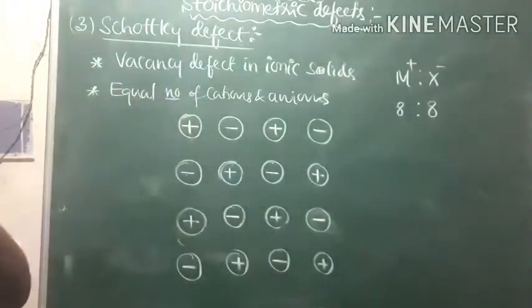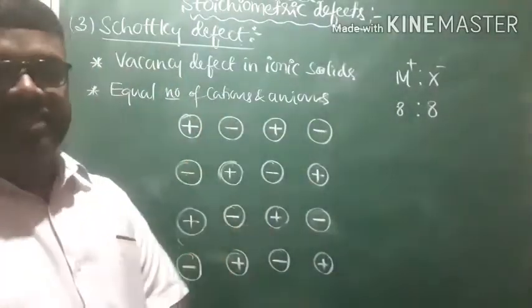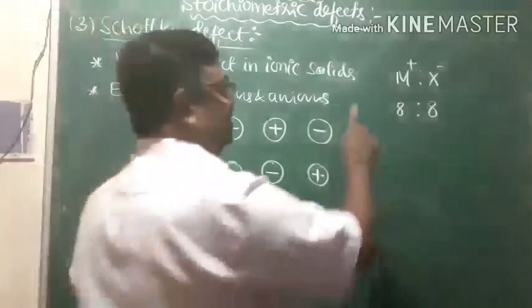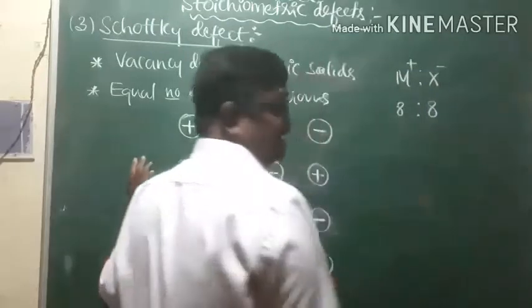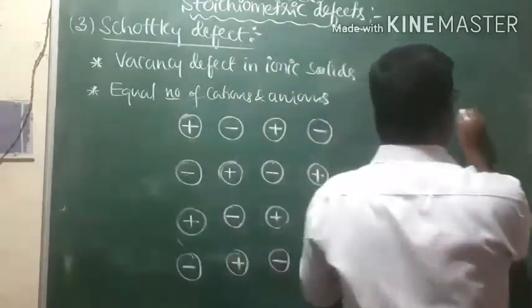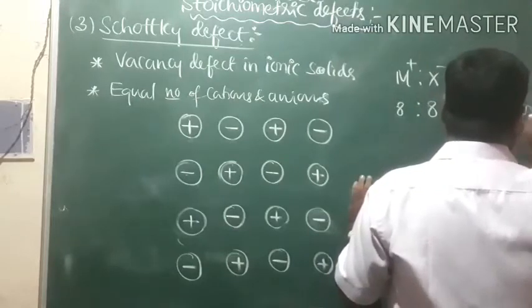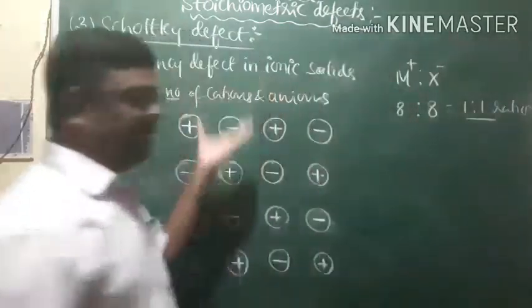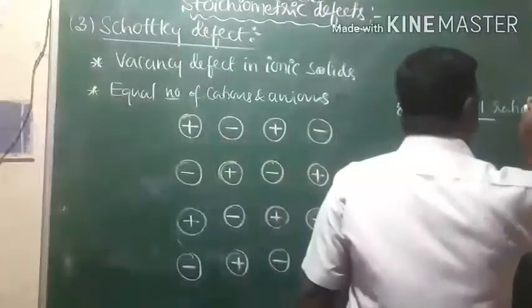Just for convincing purposes, I selected this lattice where the ratio of the number of cations to anions is 8 to 8. Therefore, it is a 1:1 ratio. This is what we call the stoichiometry of this ionic crystal.